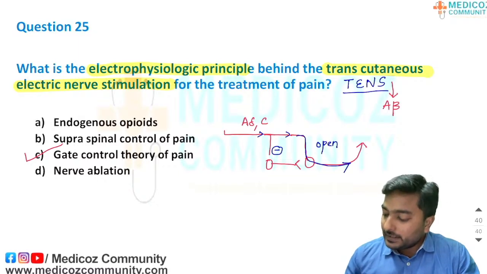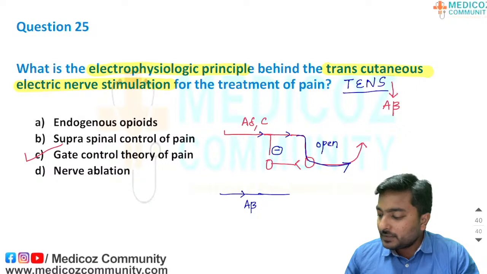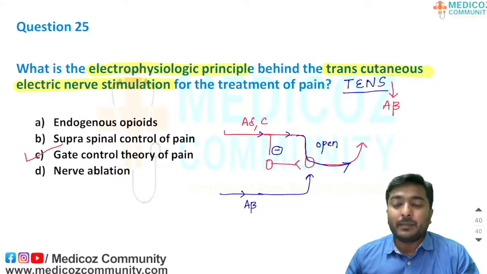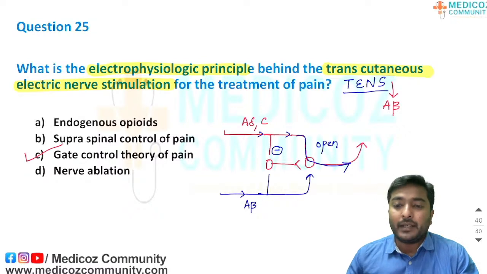But if you apply pressure, bandage, ointments like that, the A beta fibers go to the dorsal horn of the spinal cord where the pain fibers are also coming, and send impulses to the inhibitory interneuron.